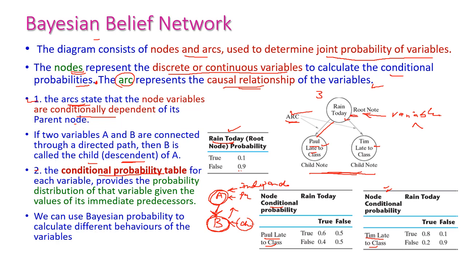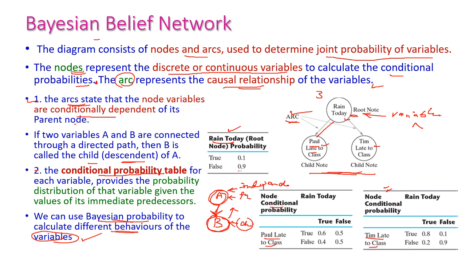For each variable there is a separate conditional probability table, and we can use this to calculate different behaviors of variables. Based on this, we can easily identify the relationship between the variables and their probabilities and behaviors.